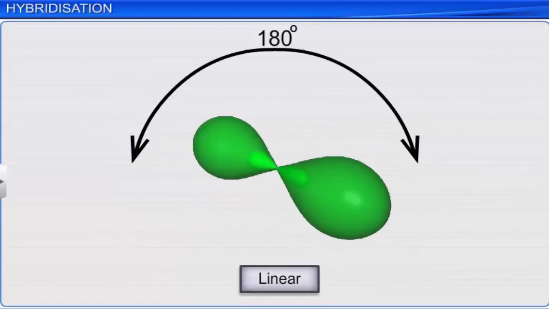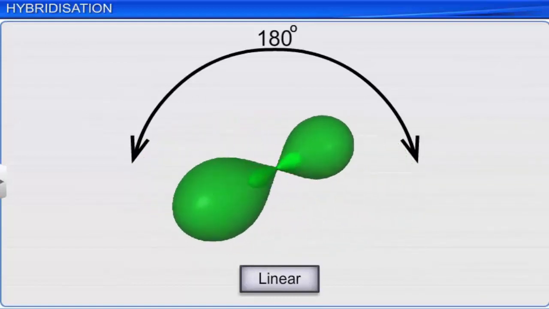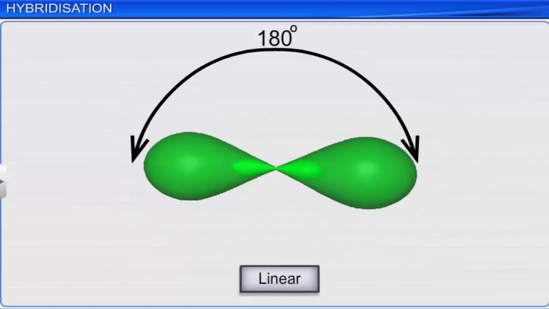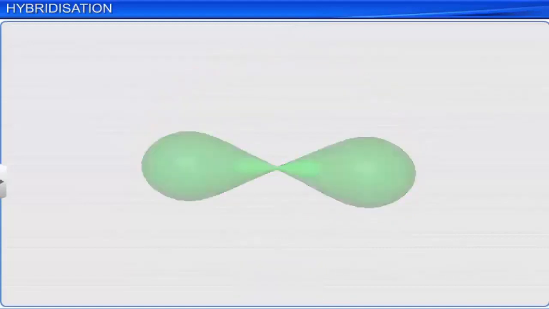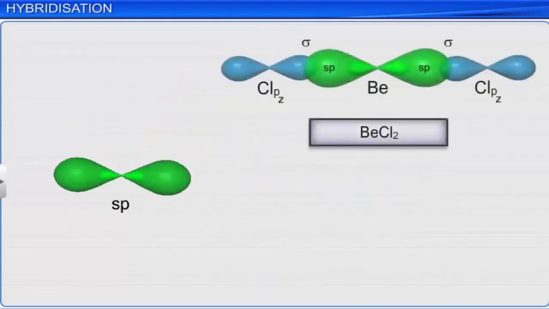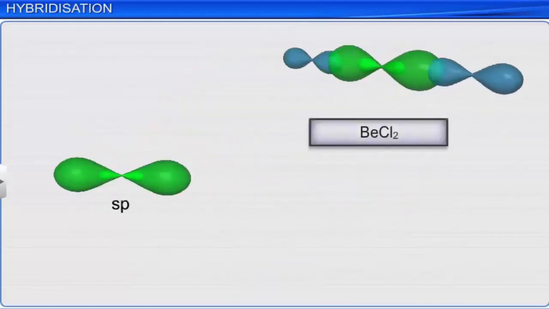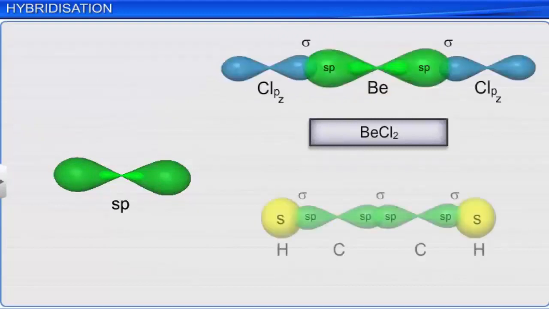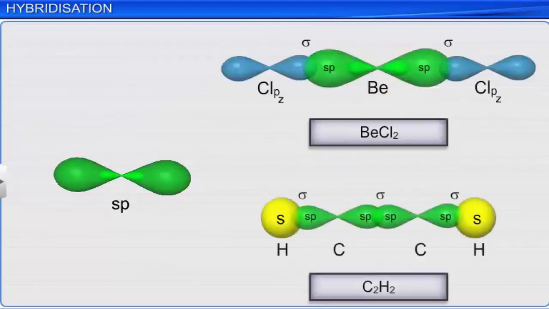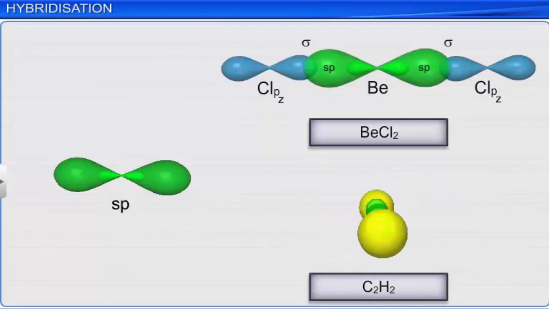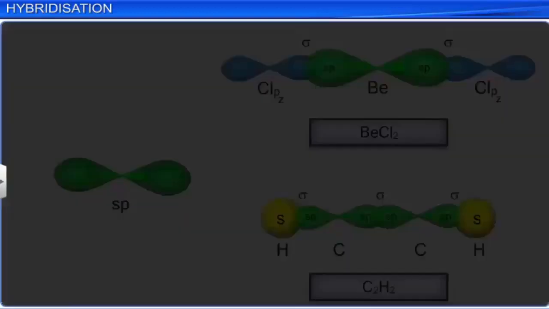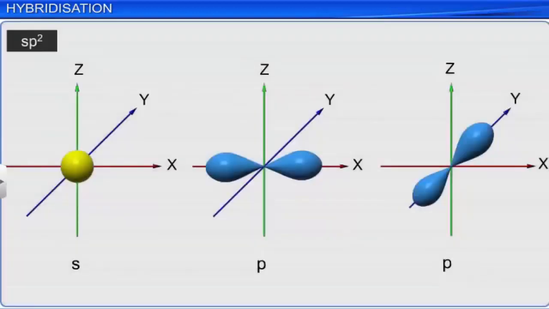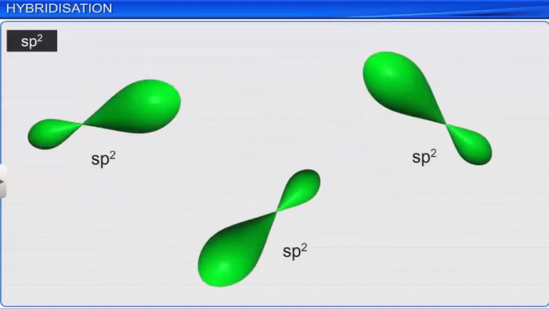Some compounds whose central atom displays sp hybridization are BeCl2 and C2H2. In sp2 hybridization, one s orbital combines with two p orbitals to form three equivalent sp2 hybrid orbitals.